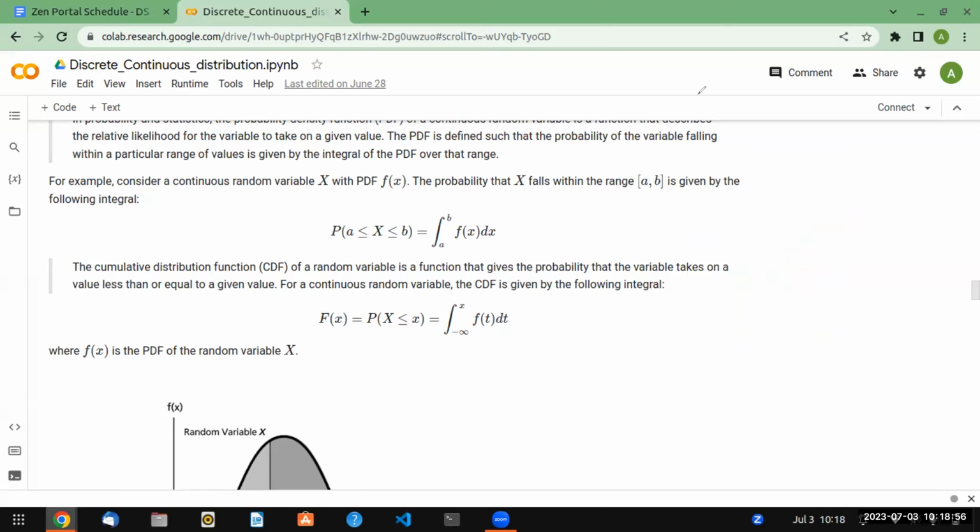Now, if you see how to calculate the CDF of the normal distribution, it is the same concept. Probability x less than or equal to x. If you recollect our CDF of the discrete function, same way. And if we integrate this equation from -infinity to x, or the value that you need, this will give you the CDF.